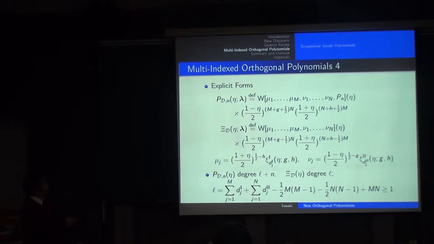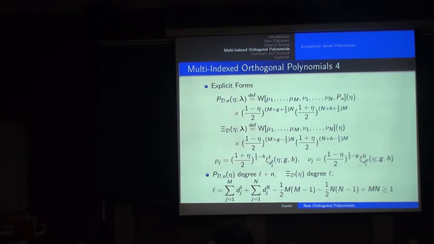All these polynomials can be expressed using original polynomials times certain factors. Here you change the original polynomial h to 1 minus h. Here you change the original polynomial g to 1 minus g. And these you just put here. And this is the polynomial in the denominator, almost the same thing.